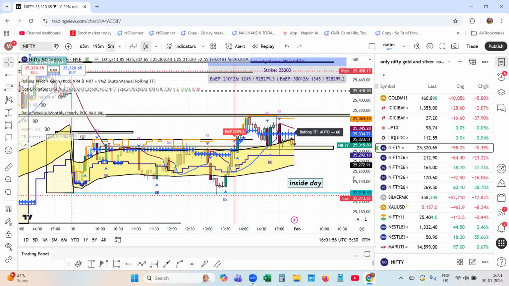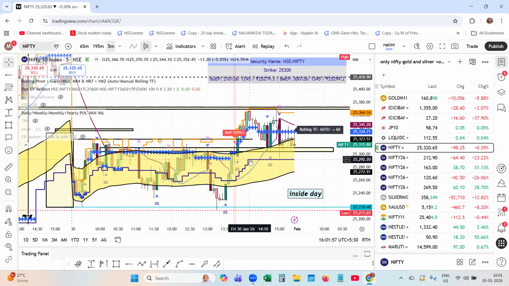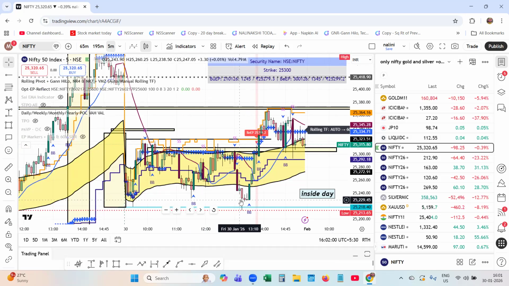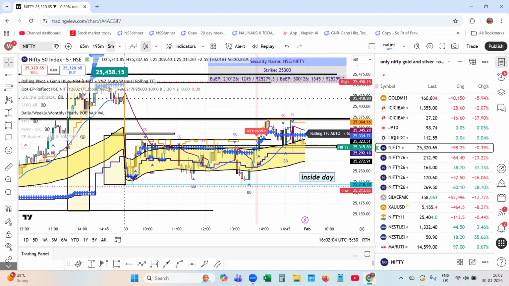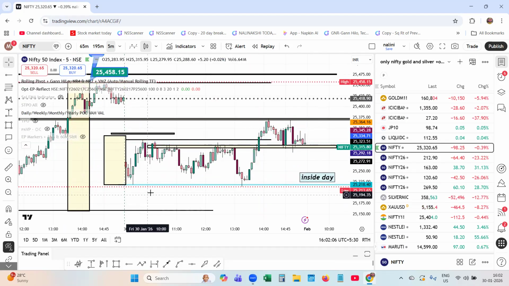So friends, actually you need this type of day. Trading is very tricky. Let me hide the indicators. Only experts can trade this. See the movement over here. It was the range expansion.